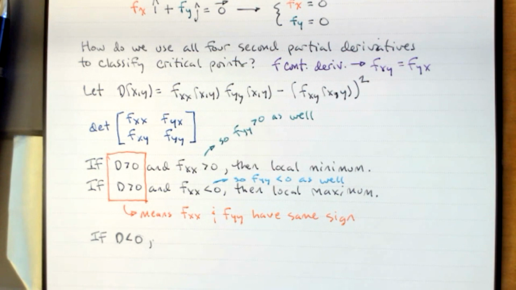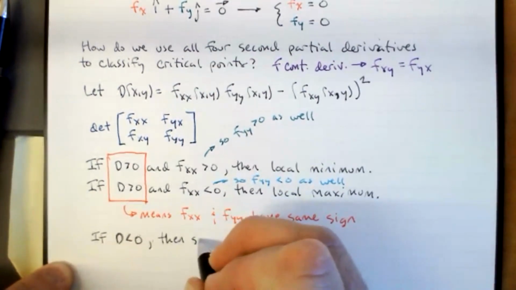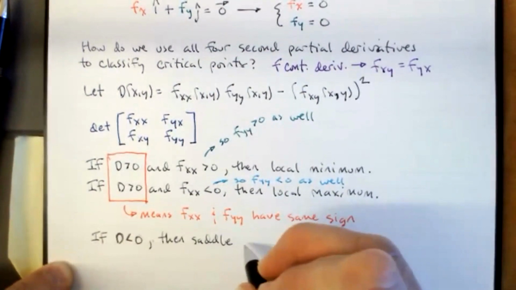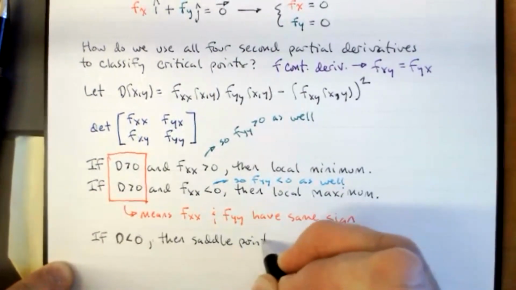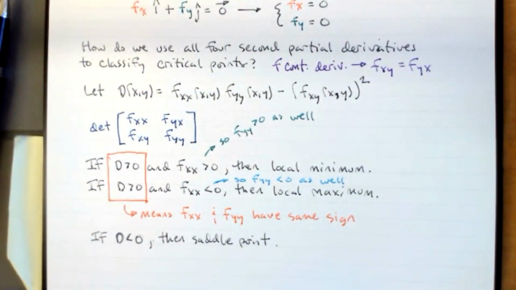If D is negative, then we can just go right to saddle point. You must be looking at a saddle point. If D is less than 0, then we have a saddle point.